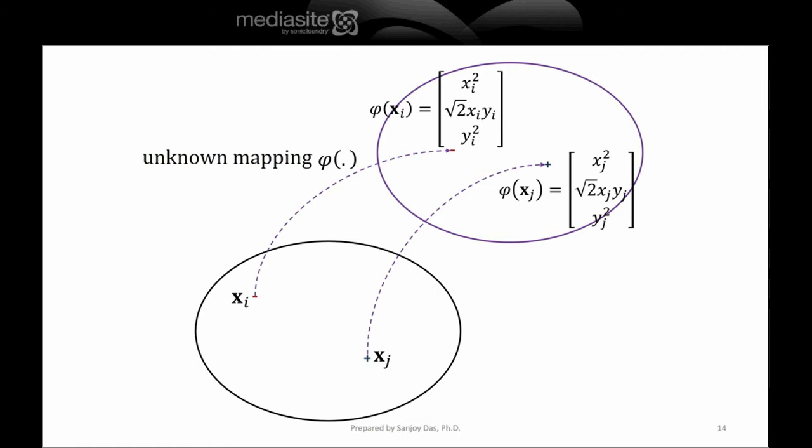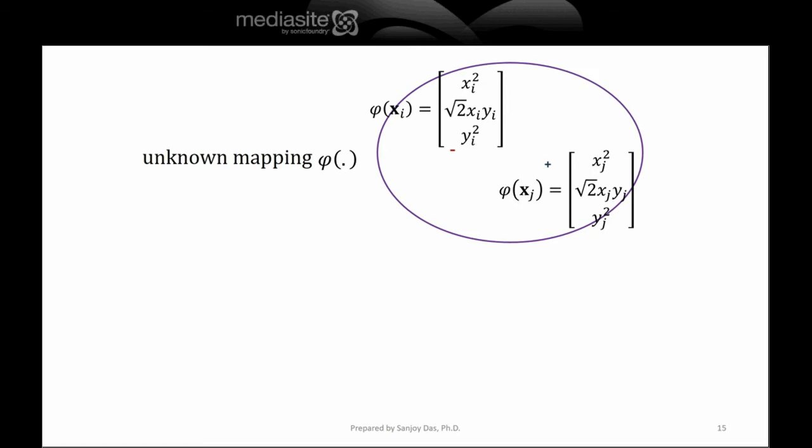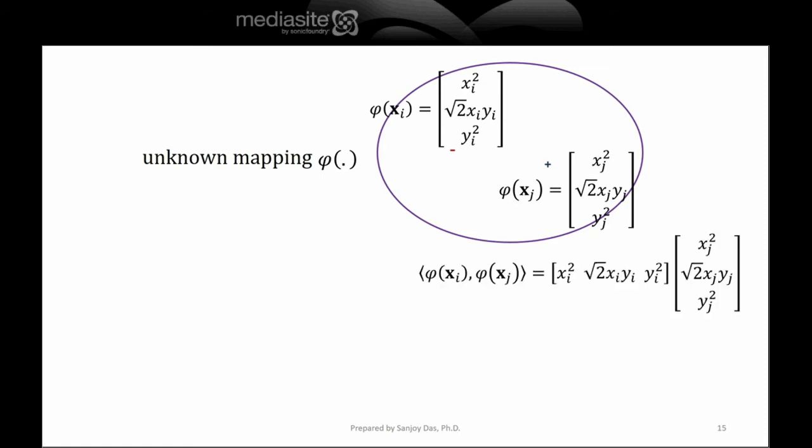When we map it to the unknown space, phi of xi is (xi squared, square root of 2 xi yi, yi squared), and phi of xj is (xj squared, square root of 2 xj yj, yj squared). But it's unknown to us. What we need is the kernel. So this is our unknown space, and the 2 points which have been projected from our known space, and the kernel, the inner product between them is phi xi transposed times phi xj.